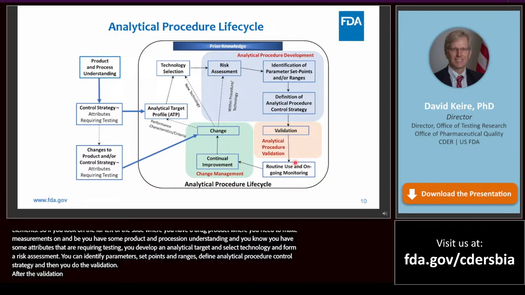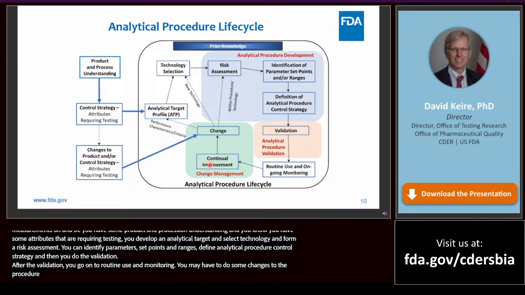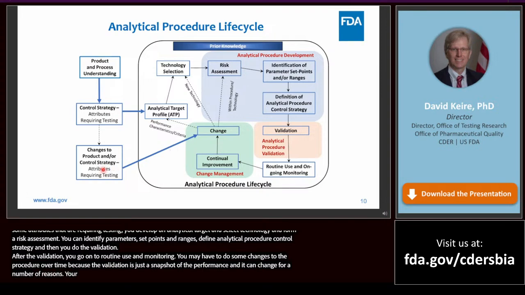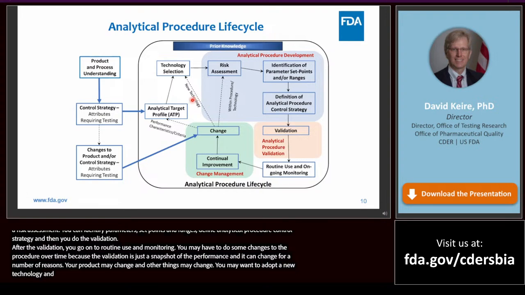After the validation, you go on to routine use and ongoing monitoring. You may have to make some changes to the procedure over time, because the validation is just a snapshot of the performance, and that can change for a number of reasons. I mean, your product may change, other things may change. You may want to adopt a new technology. And so this slide basically describes that what's in this box is all of Q2 and Q14.